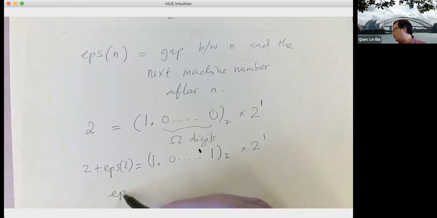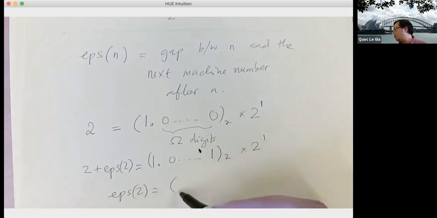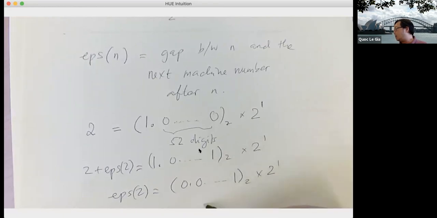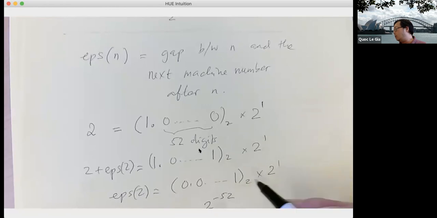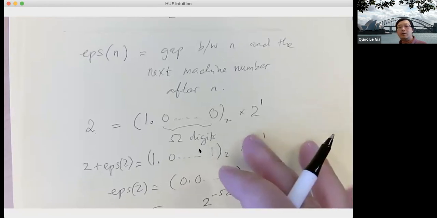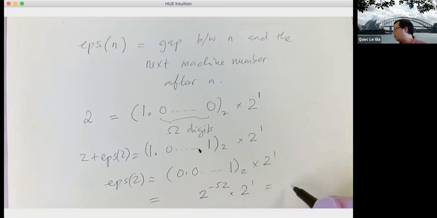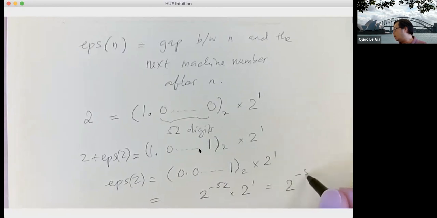Then epsilon of 2 is 0.0000 with the last digit 1, and this is just 2 to the minus 52, multiplied by 2 to the 1. So this gives you 2 to the minus 51. And it's always 52 digits for double precision.